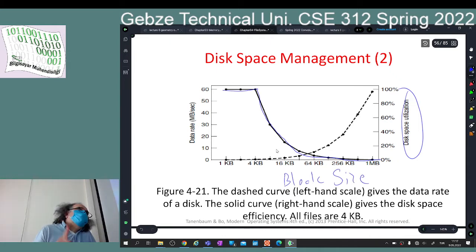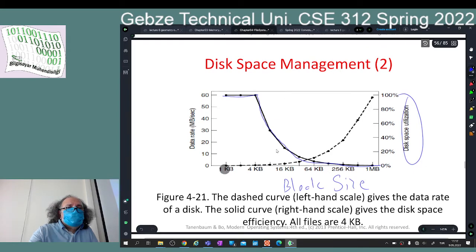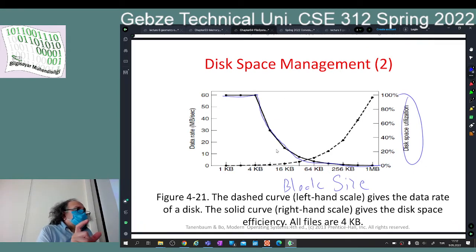If your files are 4 kilobytes each, and if your block size is 1 kilobyte, that means for each file you need 4 blocks, right? You are not wasting any space. For 2 kilobyte blocks, you are not wasting any space either. For 4 kilobytes, that's nice because each file is just 1 block. No internal fragmentation. That's nice.